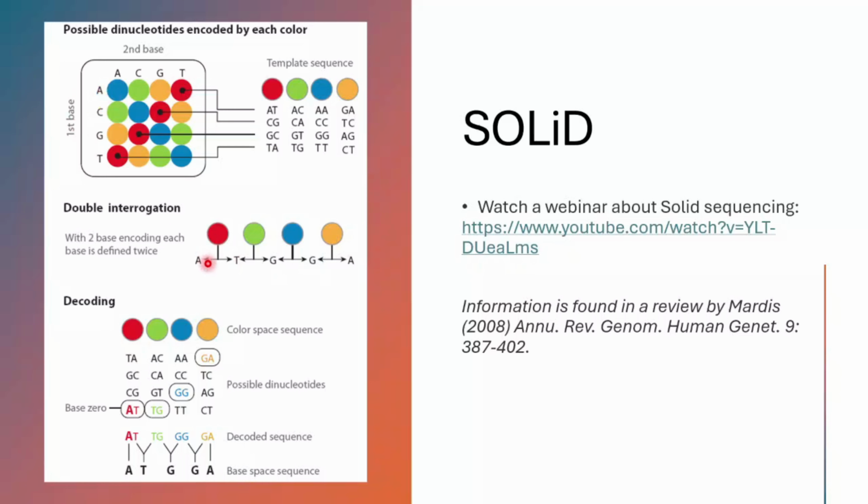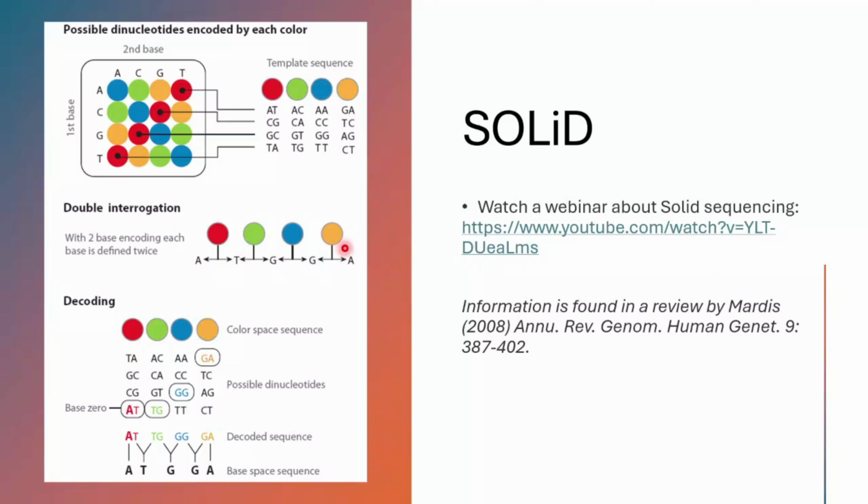So that's the first thing. And then you will go 1 step further. Then you'll see that you have a green light. So you know that your first one was AT. So that means for this dinucleotide that you are trying to sequence, the first one is T. And you got the green color. So T is your first nucleotide. Green, that means the second nucleotide is G. And then you keep doing this until you get the full sequence.